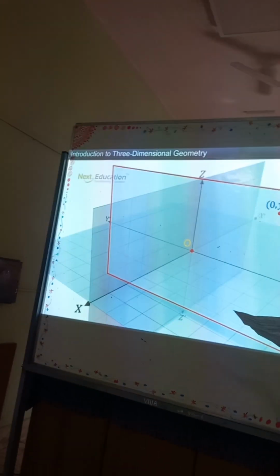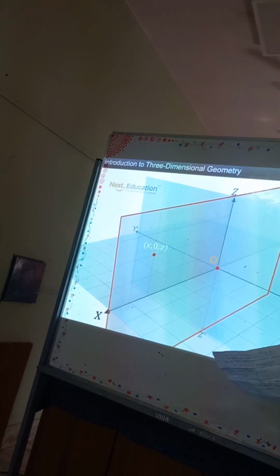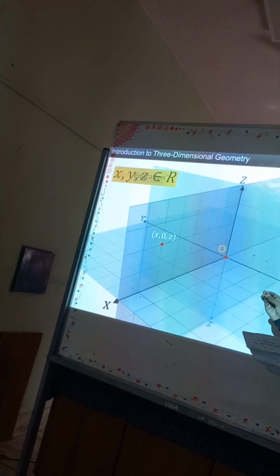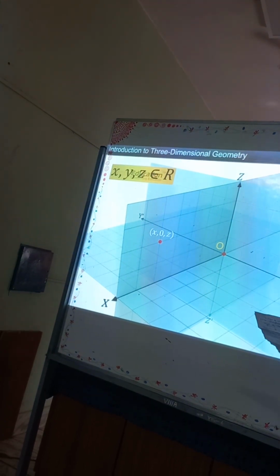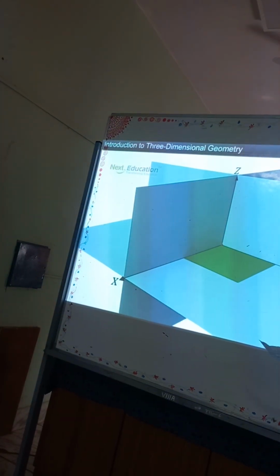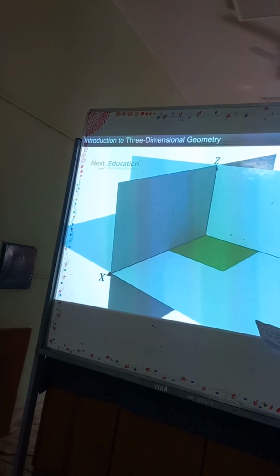Now we'll see how to locate a point using the intersection of planes. Planes के intersection से हम एक point को locate करेंगे. अभी coordinates given थे, हम उससे निकाल रहे थे point को. अभी planes के intersection से निकालेंगे. So let's take a plane which is at a distance x from the zy plane.